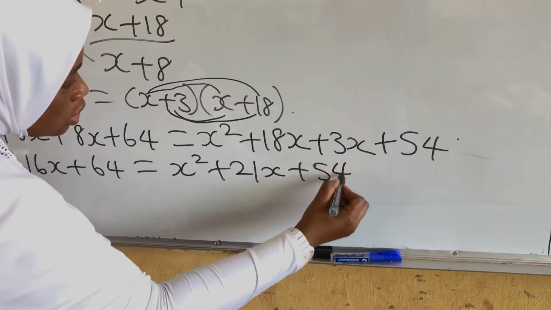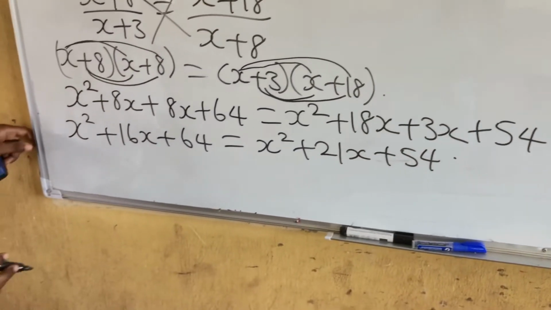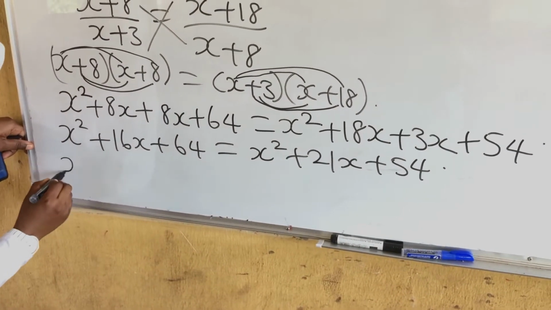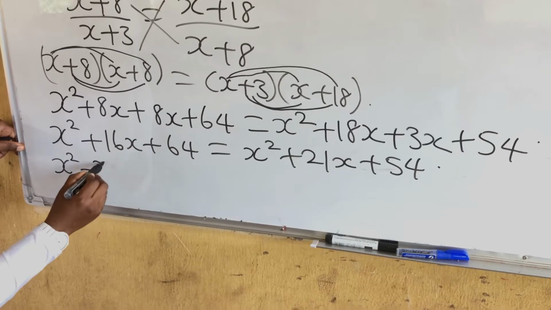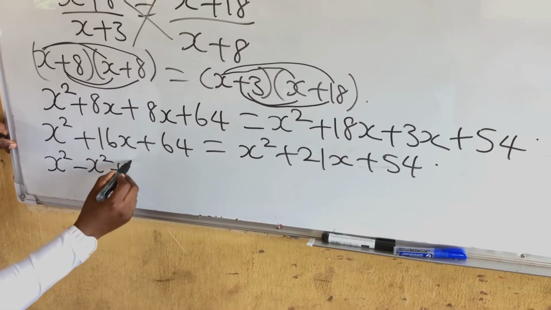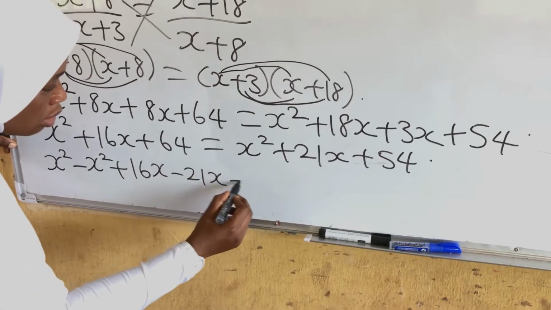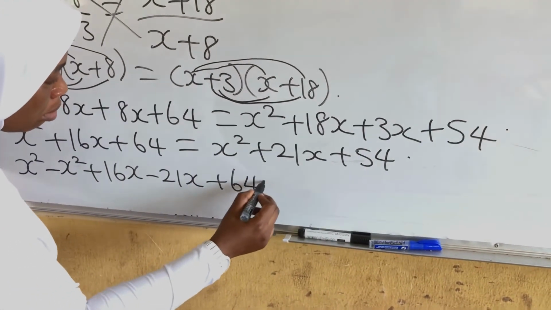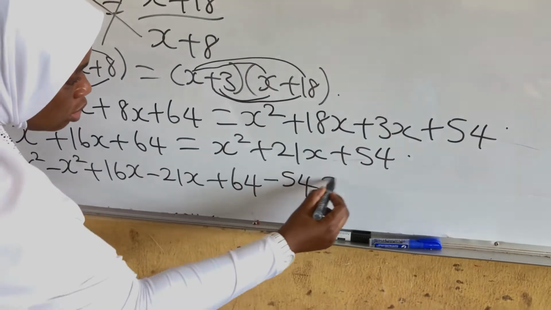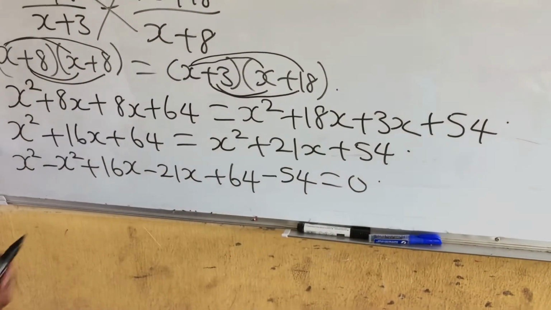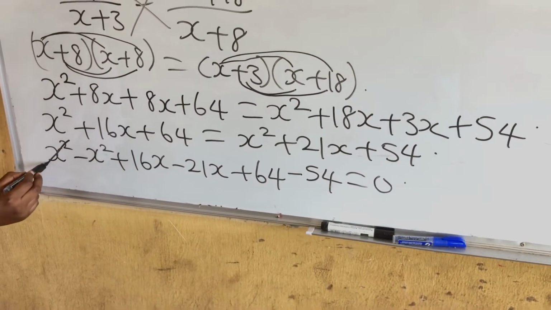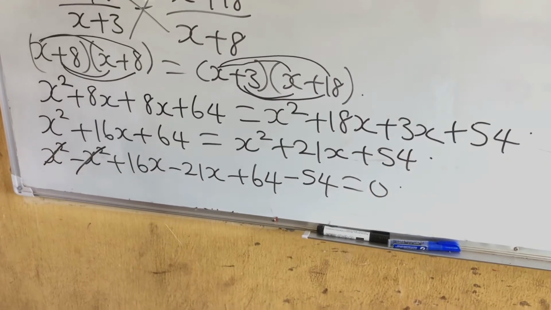So now let's collect like terms. x squared minus x squared plus 16x minus 21x plus 64 minus 54 is equal to 0. So here, positive x squared cancels negative x squared.